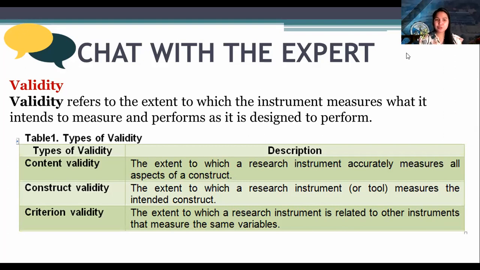So for example, if the student perceives that he or she is really good in math, will the examination score also validate the answer? Now, let us check what are the evidences to check construct validity. Now, there are three evidences.